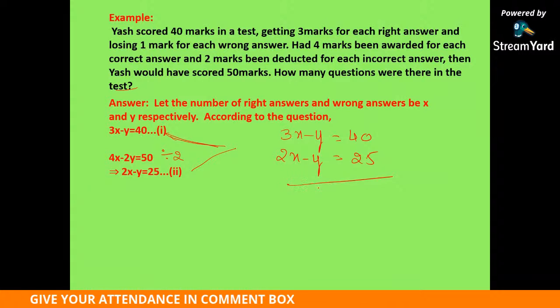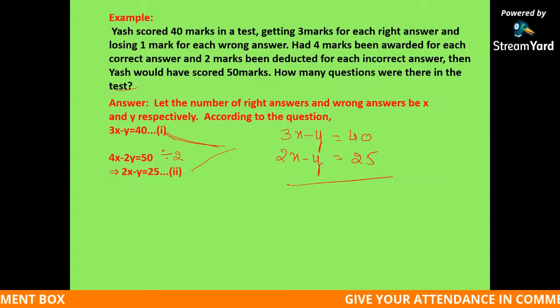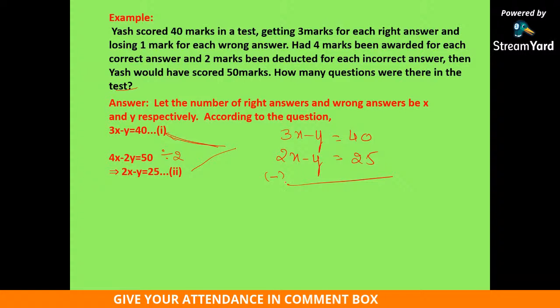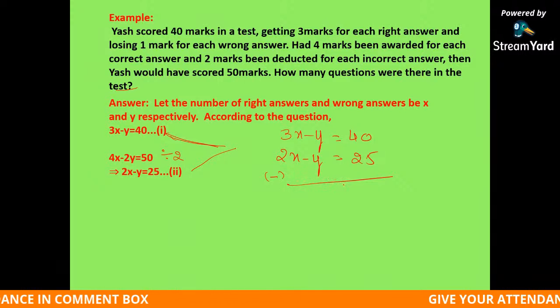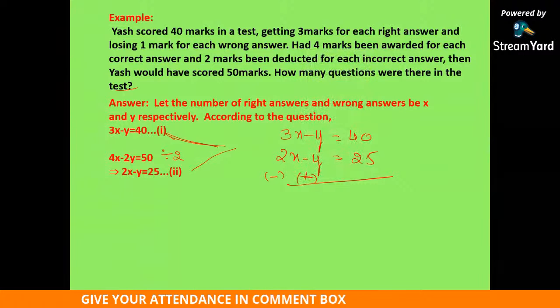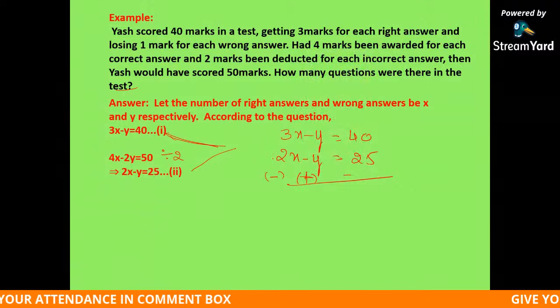If you see these equations, as one of the variables already has the same coefficient, at that time also we can go directly for the elimination method. Elimination will be the easier method compared to the others. Our work is changing the sign.